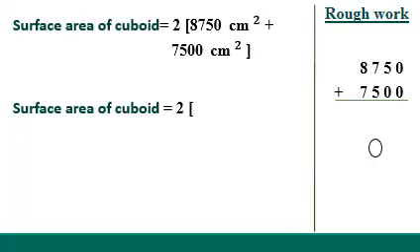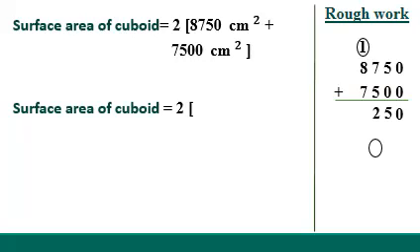Now 0 plus 0 will give us 0. 5 plus 0 will be 5. 7 plus 5 will be 12. So 2 will be written below 5 and 1 will be taken as carry above 8.